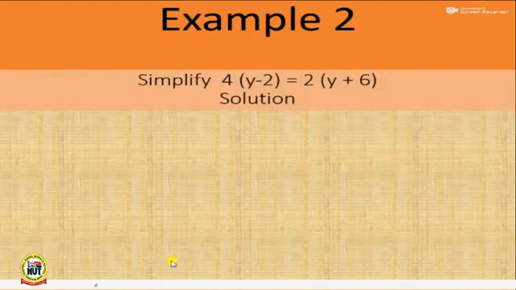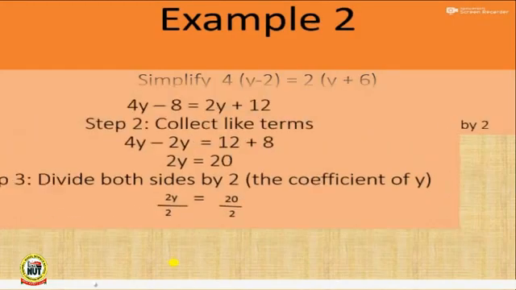Okay, now let's move on to the second example. We are asked to simplify 4 open bracket y minus 2 close bracket is equal to 2 open bracket y plus 6 close bracket.